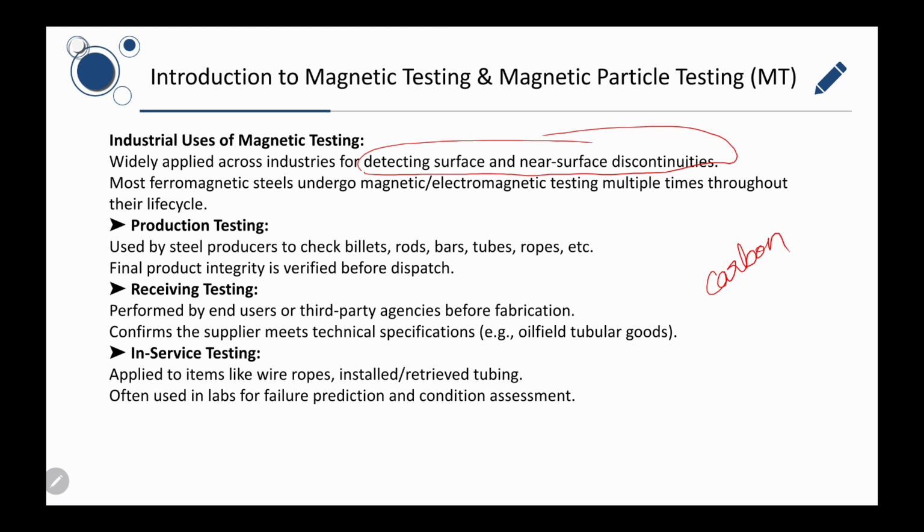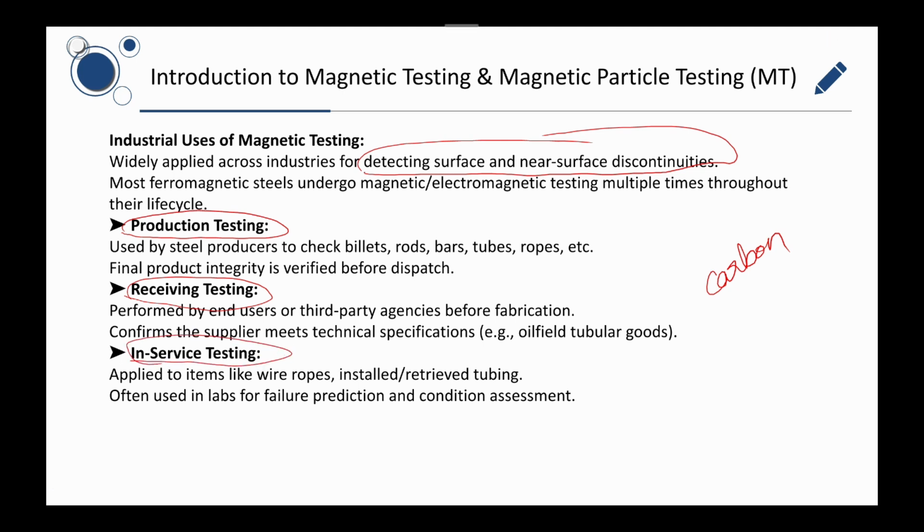Industries apply magnetic testing at different stages of a component's life cycle, mainly three categories. One is production testing, the next one is receiving testing, and the next one is in-service testing.